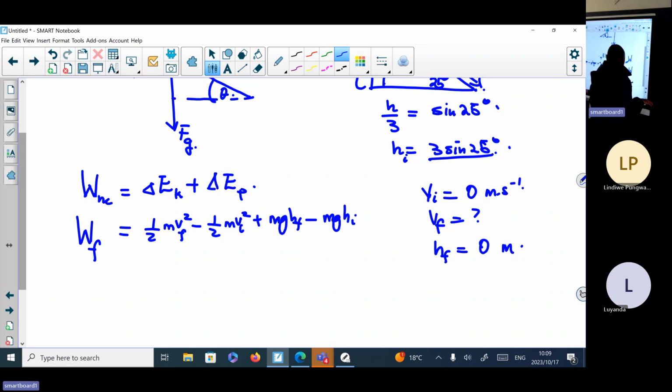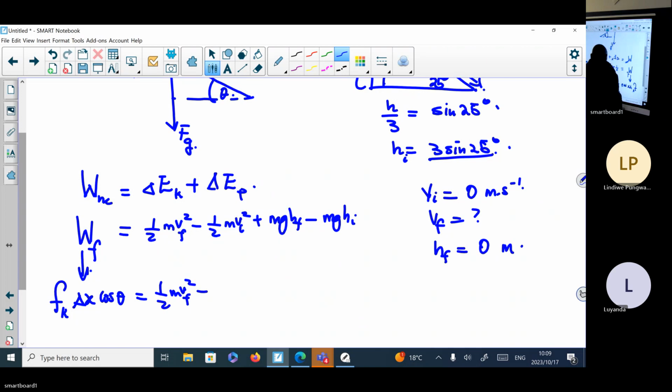So we've got the work done by the frictional force, which would be equal to the magnitude of the frictional force times the displacement times the cosine of the angle. Similar thing as what we have here. And these are the patterns that I need you guys to pay attention to.